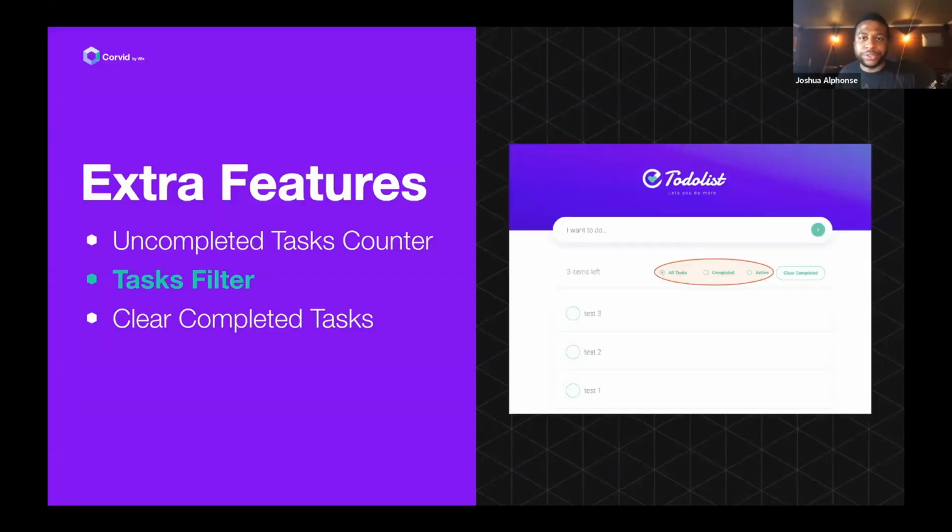So for the task filter, we're going to be using these three buttons here: the all task, the completed task, and the active task. All of our tasks shows everything we have there. Completed shows the ones that we've done. And then active are the ones that haven't been changed yet.